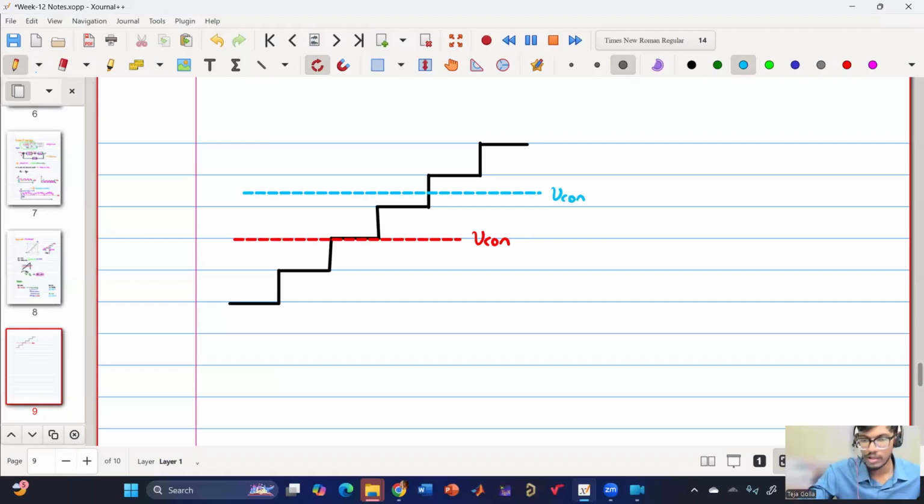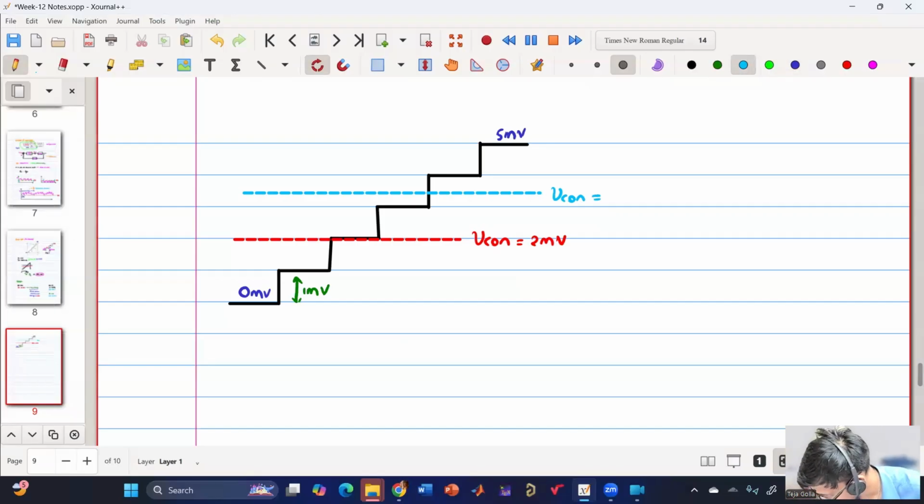Because vertically, say this is 1 millivolt. So assuming this is 0 millivolt, then 1, 2, 3, 4, 5 millivolt. Say it is oscillating between 0 and 5 millivolt.